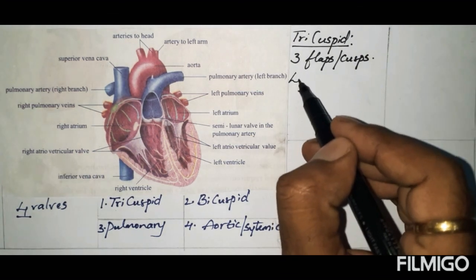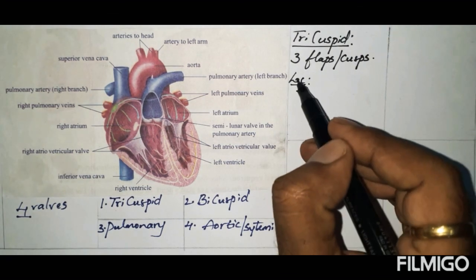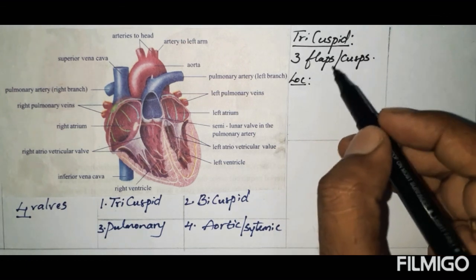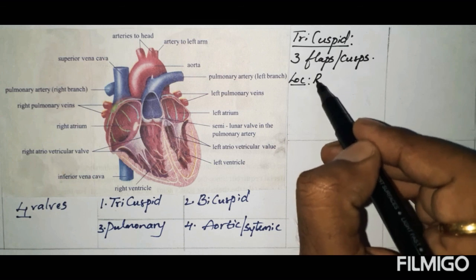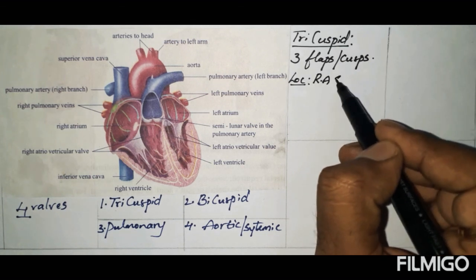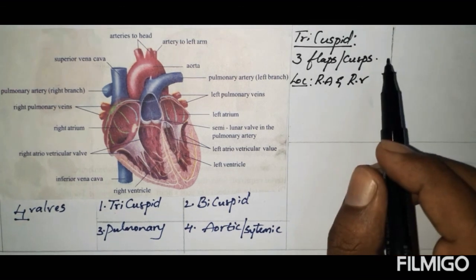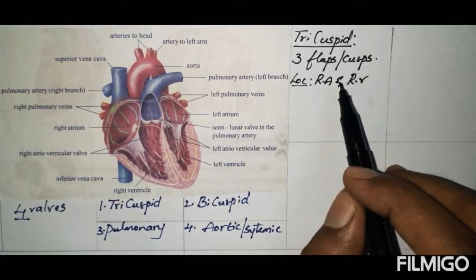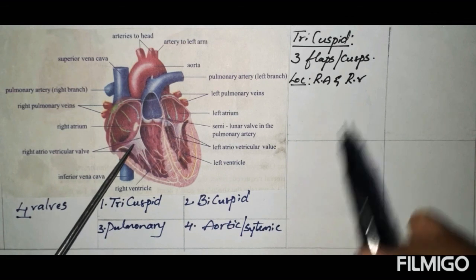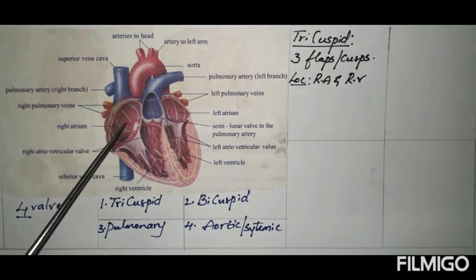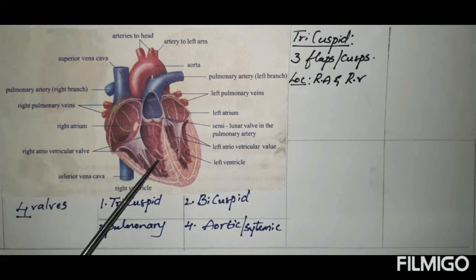Where is the location of tricuspid valve? The tricuspid valve is located in between the right auricle and the right ventricle. Let me show you the location of the tricuspid valve. This is the location of tricuspid valve, located in between the right auricle and right ventricle.